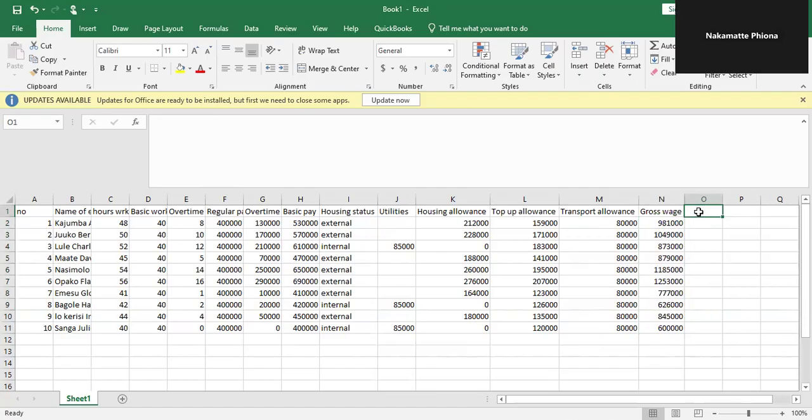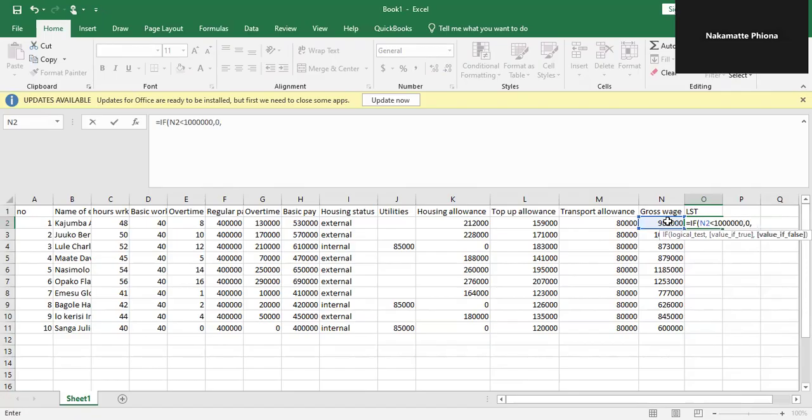Then we have local service tax payable as follows. If, open brackets, gross wage less than 1 million, comma 0.